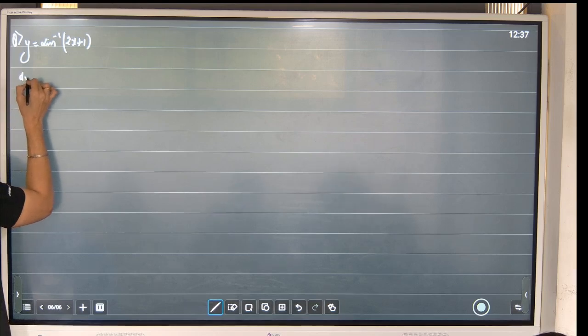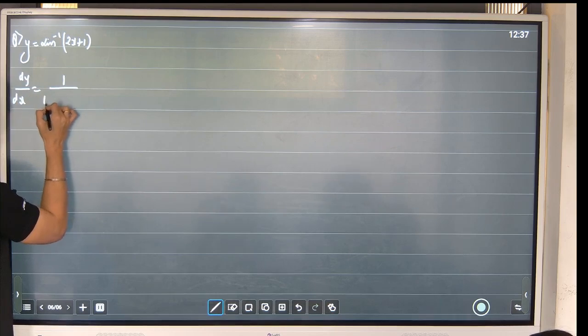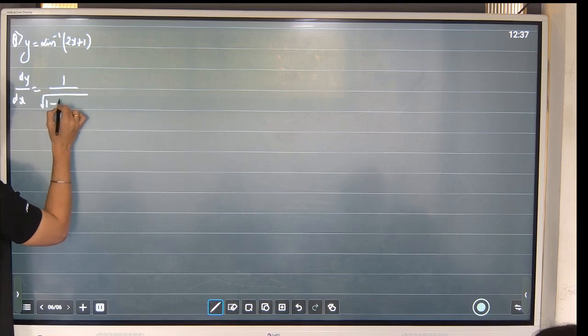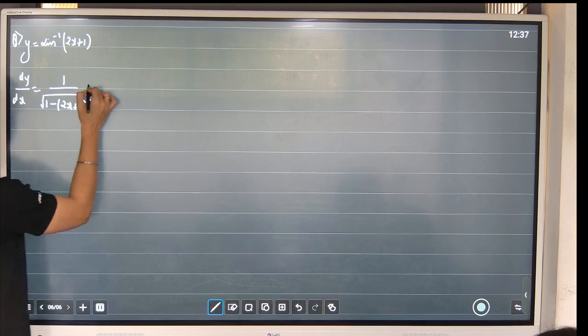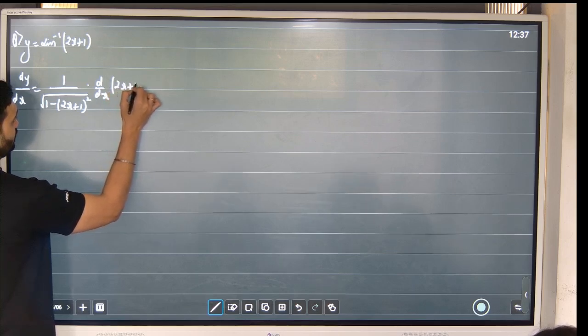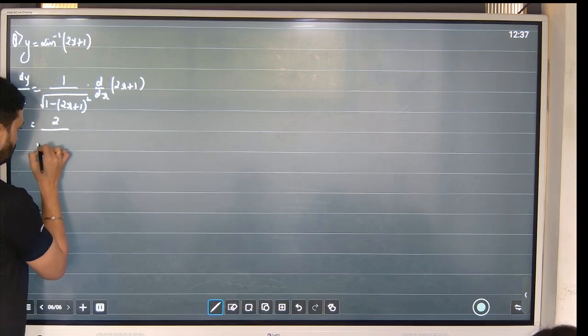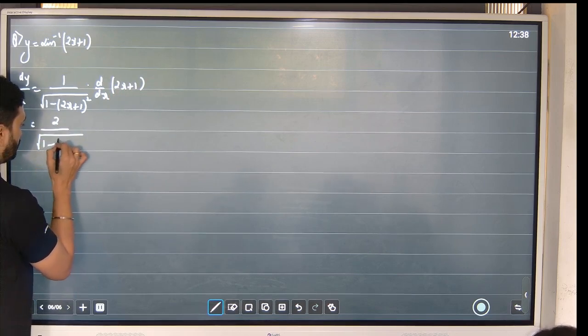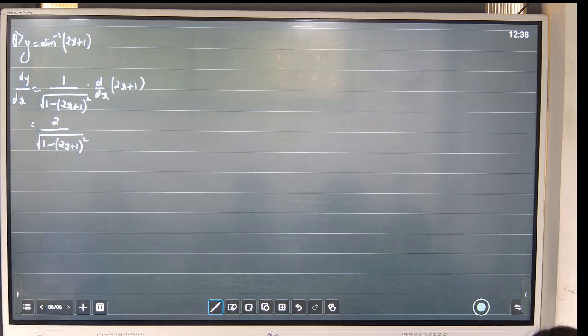Now we know that the derivative of sine inverse x is 1 upon under root of 1 minus x square into d by dx of 2x plus 1, which will become nothing but 2 upon under root of 1 minus 2x plus 1 the whole square. Basically, the sine inverse formula.